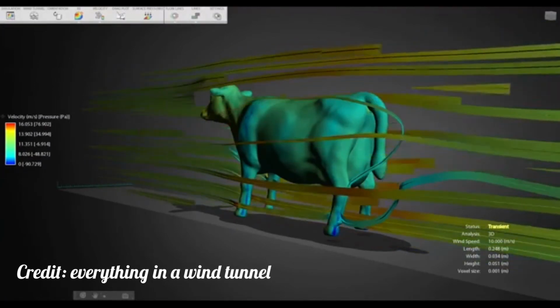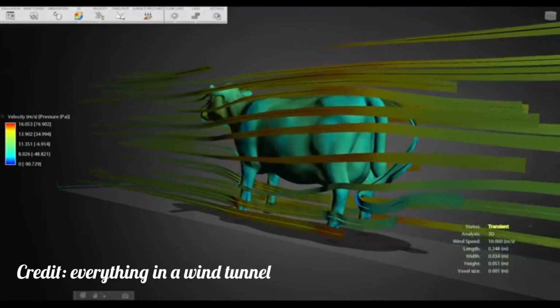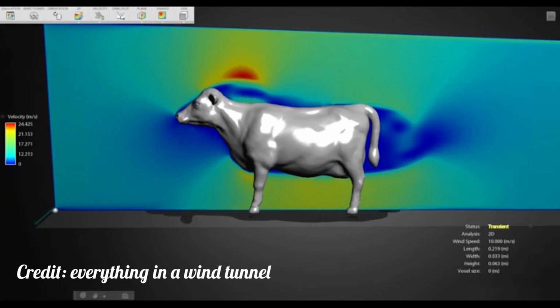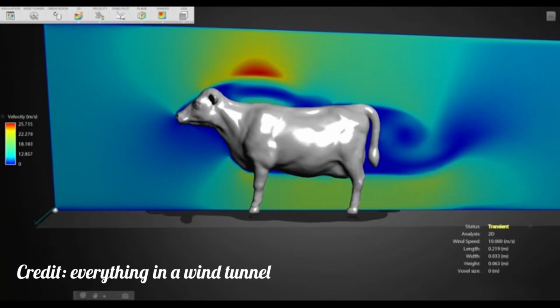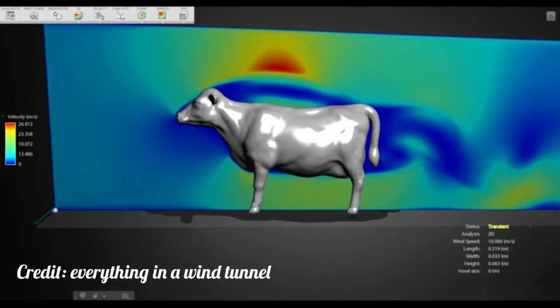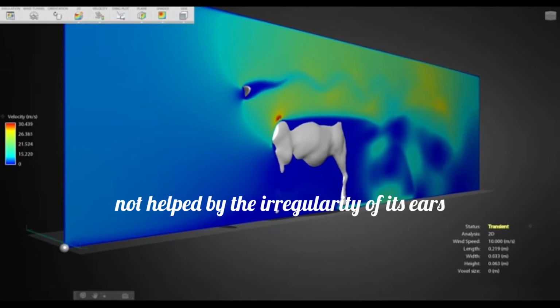the forehead of the cow experiences a zone of high pressure, since a lot of air is deflected from the front of the nose and straight to the head. The forehead also sits in a very open position with nothing to deflect airflow from above, meaning it gets quite a lot of flow directed towards it.